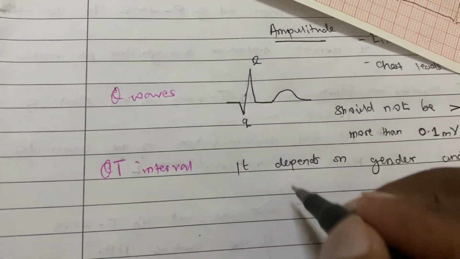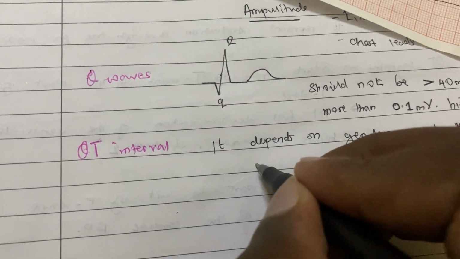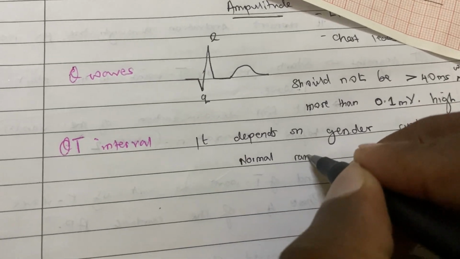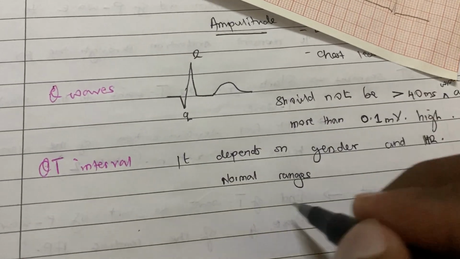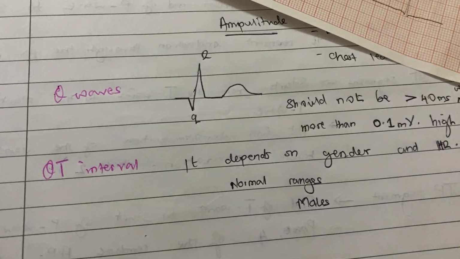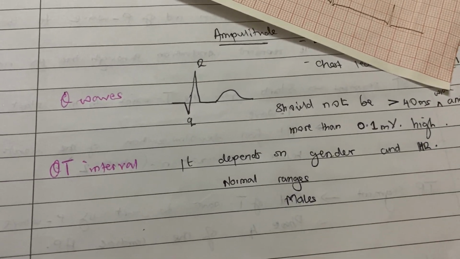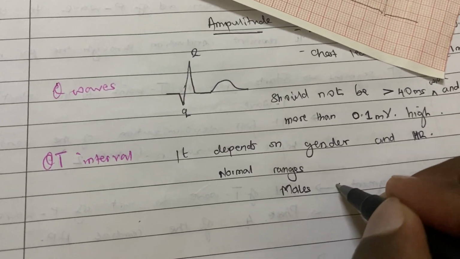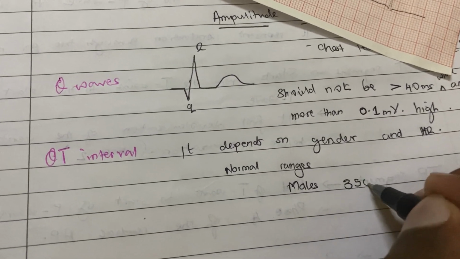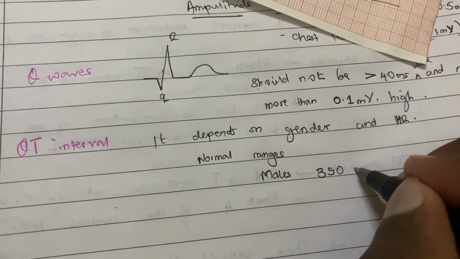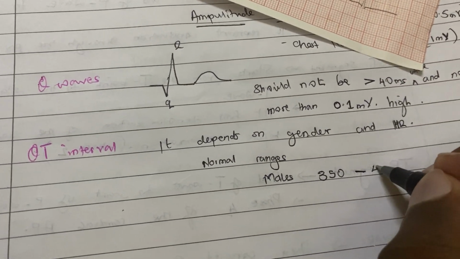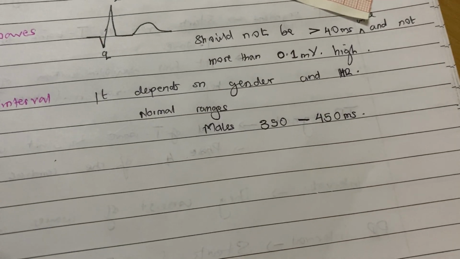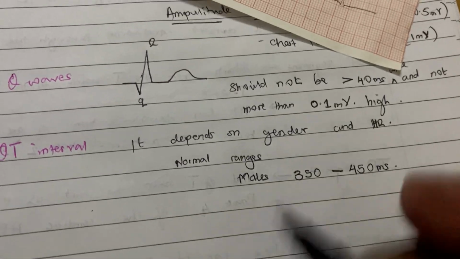And the normal range in males should be around 350 to 450 milliseconds QT interval.